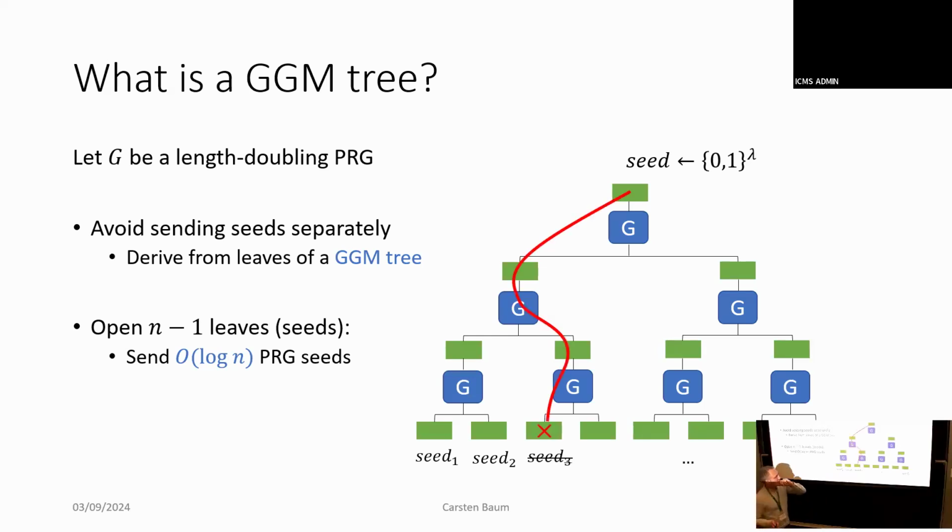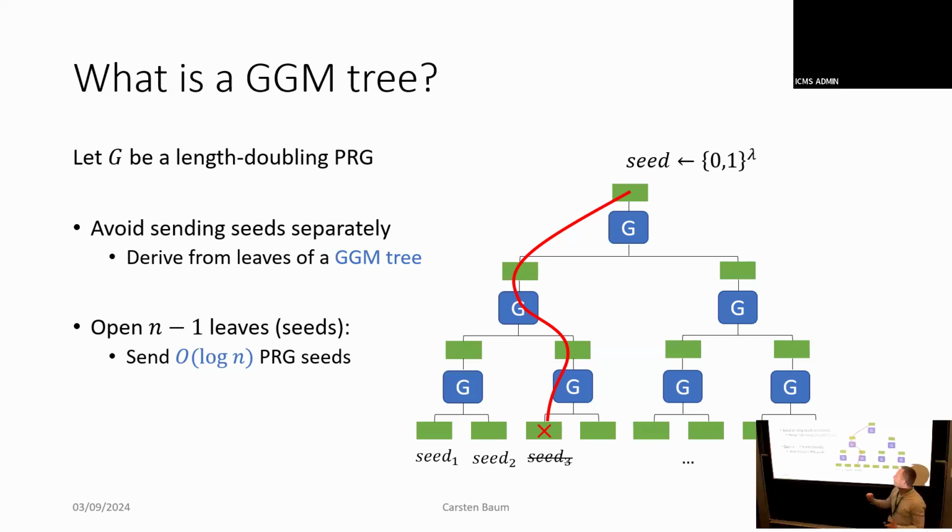Instead of giving the verifier this seed and everything else here, we can make the following observation: everything here can be recreated from this seed. So I don't have to reveal all of this to the verifier. I just give the verifier this. Instead of 4, I send 1.